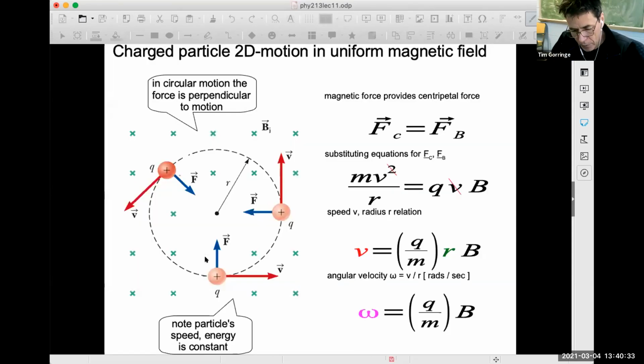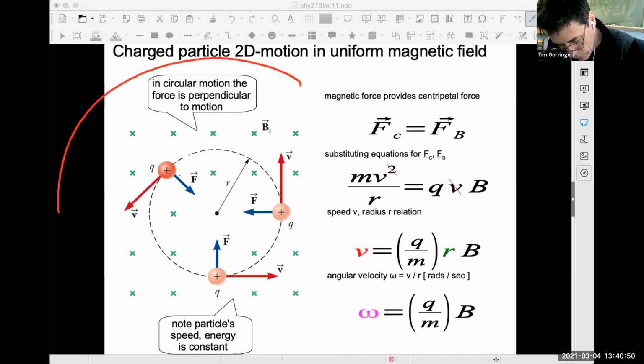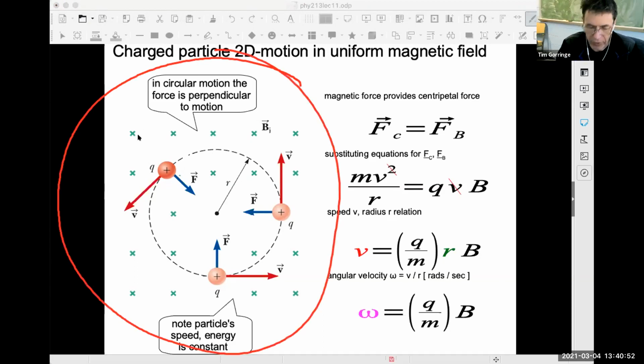So this is a sketch of the situation I'm thinking of. I'll get my pen going again. If you look over here on the left, I've got a moving charged particle, pictured at several different times in its motion.